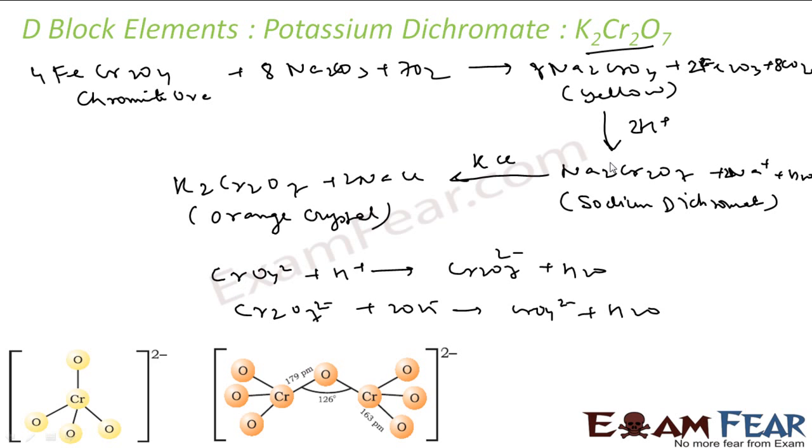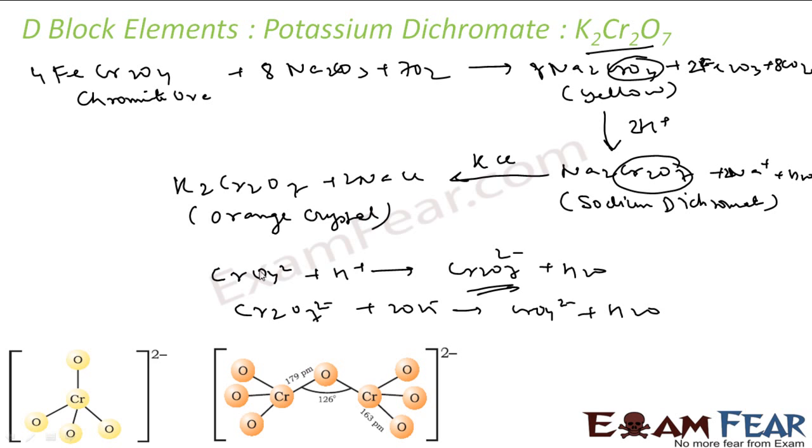So CrO4 2- and Cr2O7 2- are interconvertible. We saw CrO4 2-, we added H+, made it acidic, and we got Cr2O7 2-.